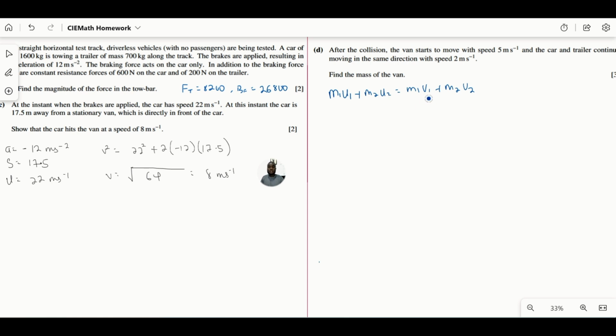And after the impact, but just before the impact, the car and the trailer were moving at a speed of 8 meters per second. And right after, they both started moving with a speed of 2 meters per second. Let's substitute into this equation to determine what the mass of the van should be.